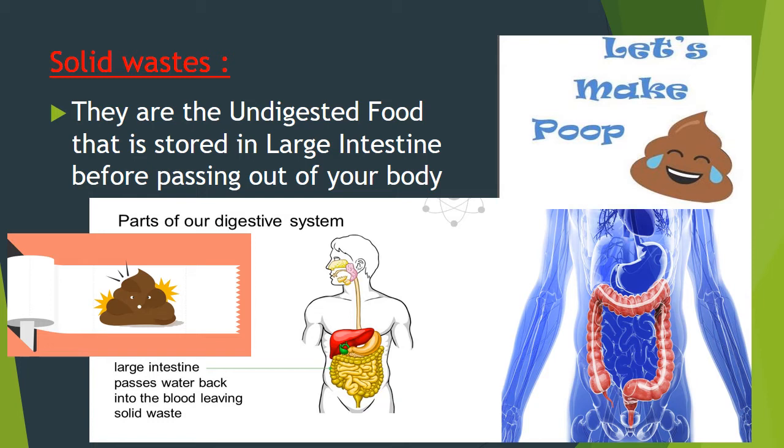Undigested means not digested, okay? They are stored where? In the large intestine, before passing out of your body. So what is solid wastes? They are the undigested food, the not digested food that is stored in the large intestine before passing out of your body.